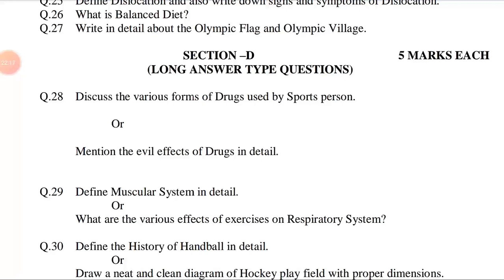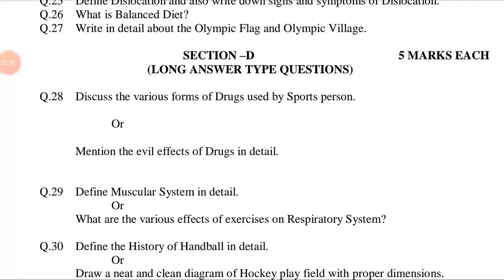Question number 27. Write in detail about the Olympic flag and Olympic village. This question is related to chapter number 8, Olympic Games. Detail means describe, particular, about means regarding.